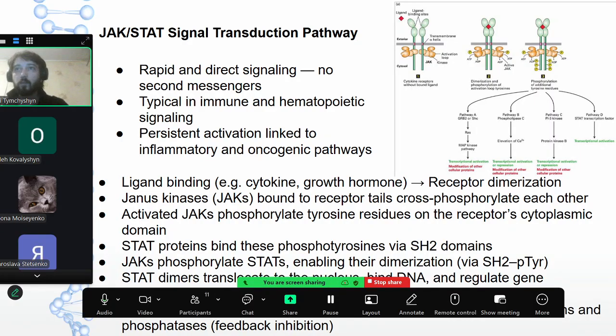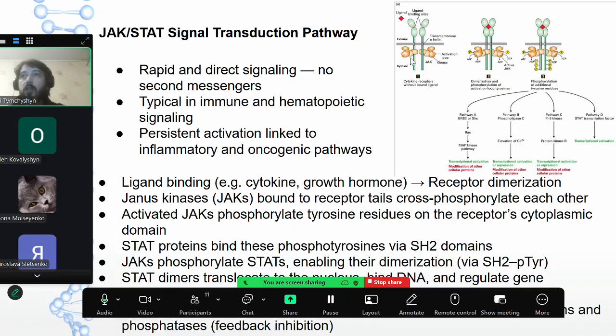One more pathway, the JAK-STAT signal transduction pathway. That's rapid and direct signaling, so no second messengers. It is typical in immune and hematopoietic signaling, and persistent activation is linked to many inflammatory and oncogenic pathways.